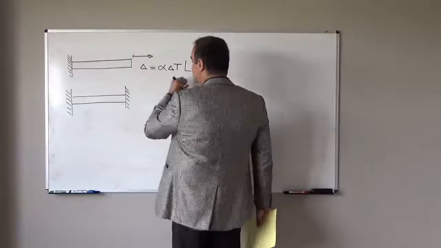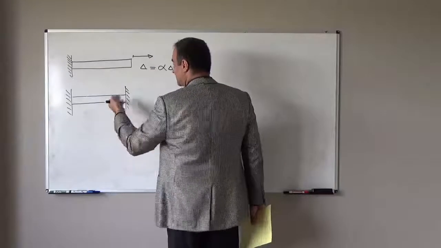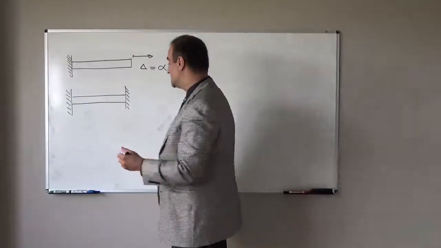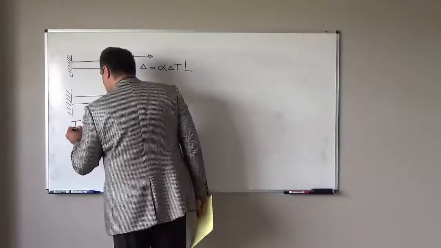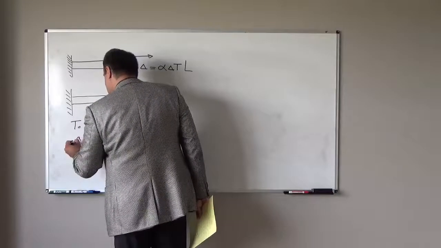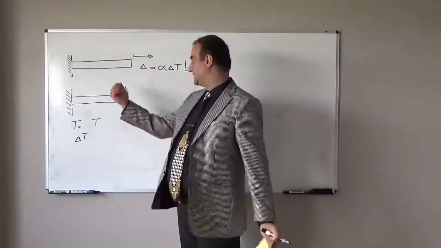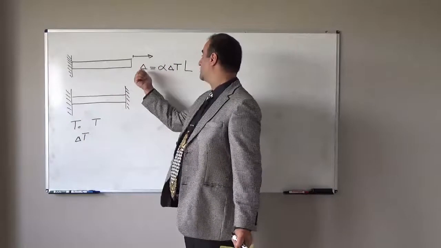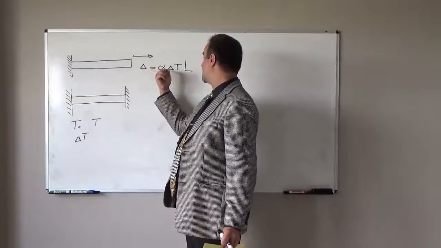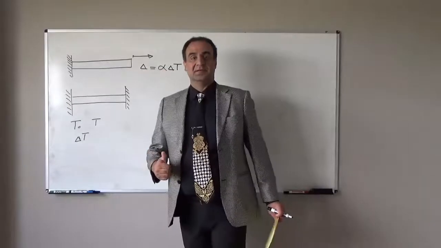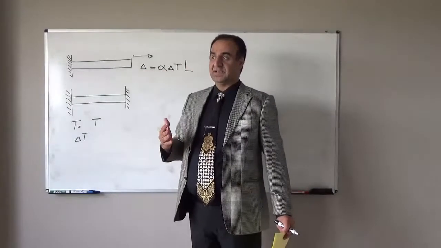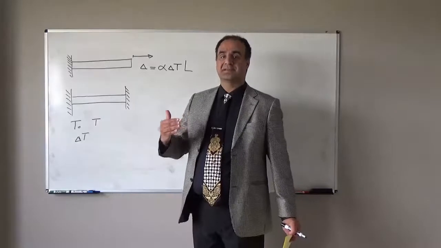What will happen? In that case, we will have internal forces or internal stresses inside of that rod. For example, here I increase the temperature from T0 to T, so the variation in temperature is delta T. If it was free to deform, I can see deformation alpha delta T L. But now it is not free. So how can I find that internal force?